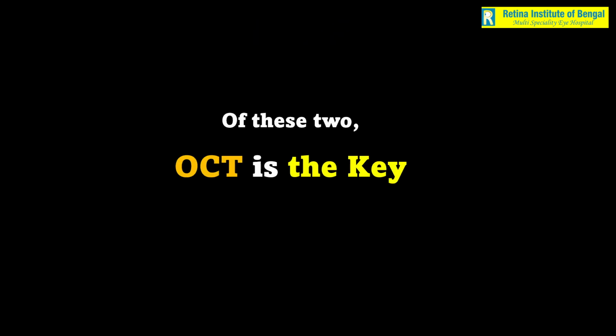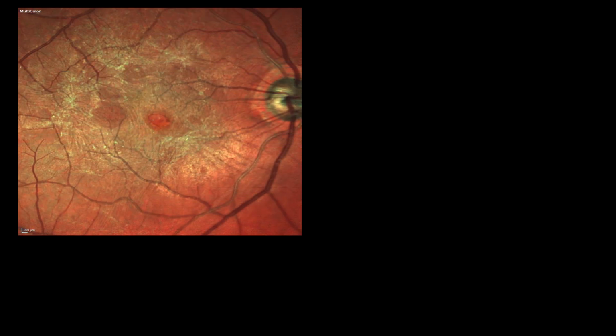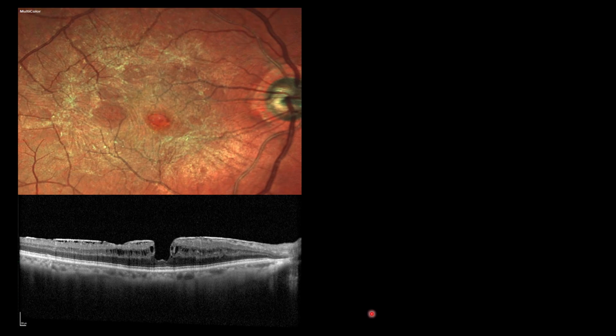Now, of the two options, that is clinical diagnosis and using OCT to diagnose the macular hole, the OCT is the key, because clinically we can often be misled to diagnose holes where actually there are no holes. For example, in this patient, it seems there is a macular hole here, but we do an OCT and it shows that there is actually no break.